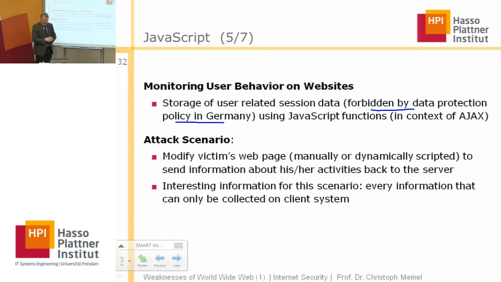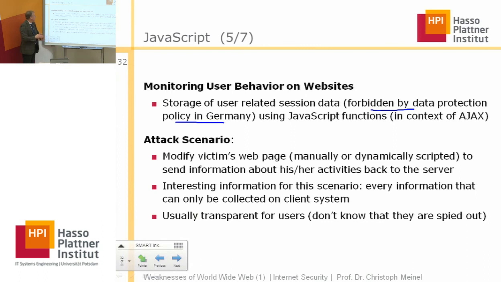Interesting information for the scenario is every piece of information that can only be collected on the client side, only activities on the client side. In this way, it's possible over the internet from a distant server to see what the client is doing by means of JavaScript controls.